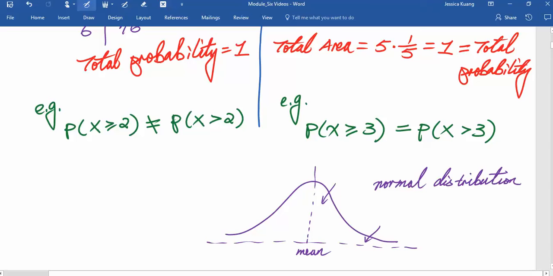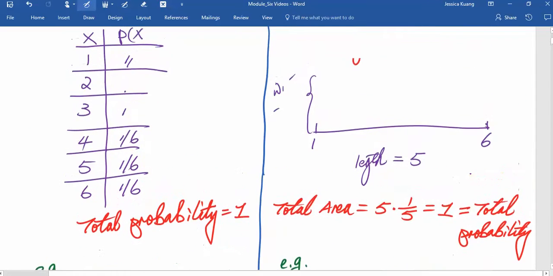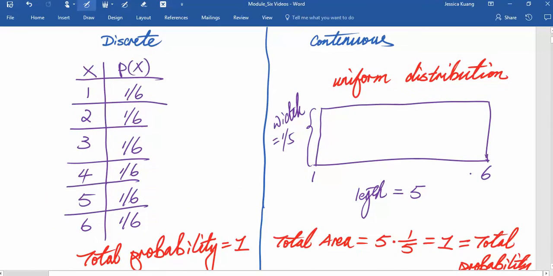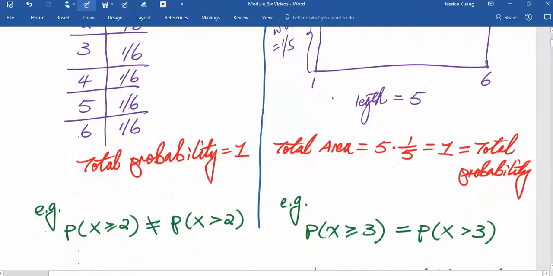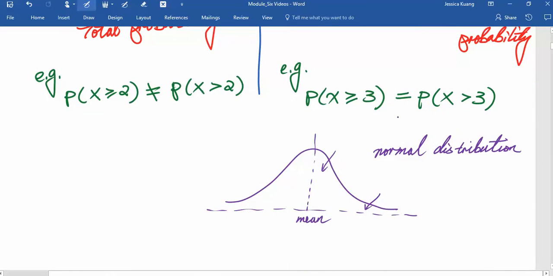And we are going to cover 3 sections in Module 6. First, I will introduce continuous probability distribution with uniform distribution. And then we will move on to standard normal distribution, which means the mean equals 0 and the standard deviation equals 1.